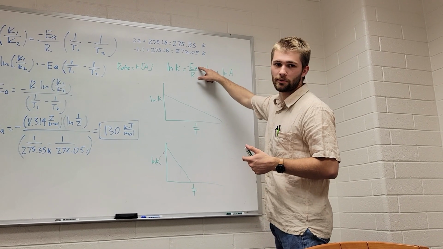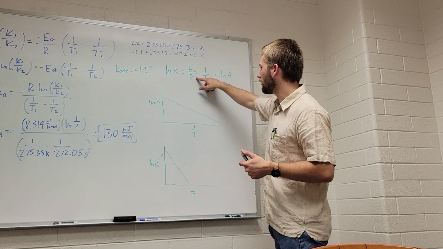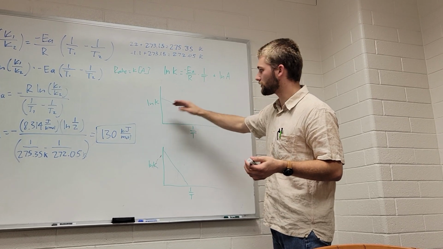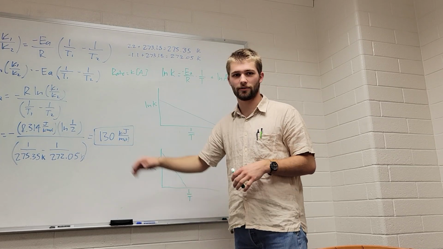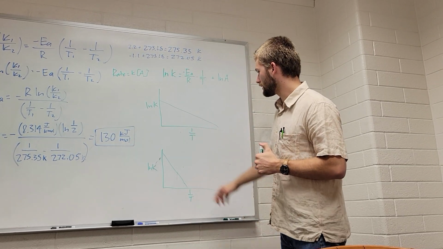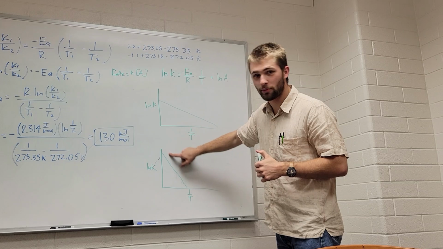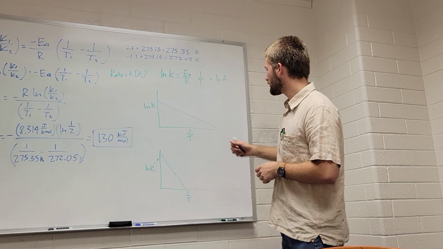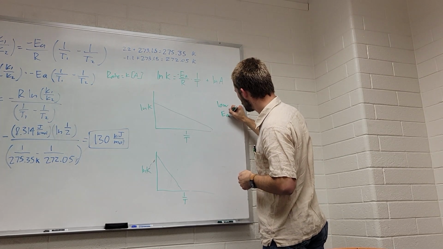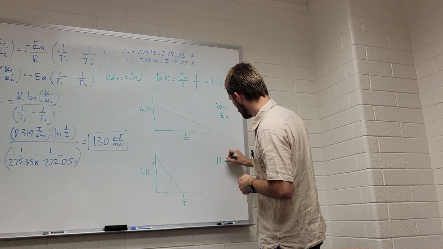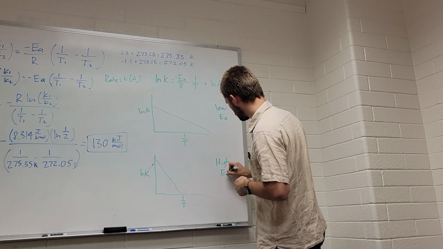If this number is not very big, divided by R, it's not going to be a very large value, so you'll have a low slope. Now, if energy of activation is really high, such as 130,000 joules per mole, the slope is going to be very steep. So this is the low energy of activation slope. This is high energy of activation.